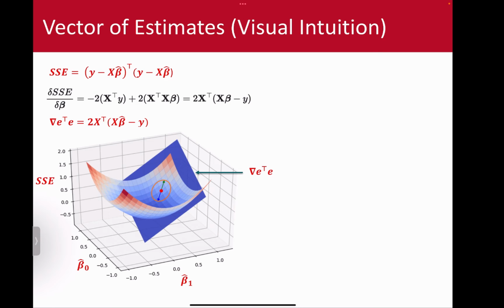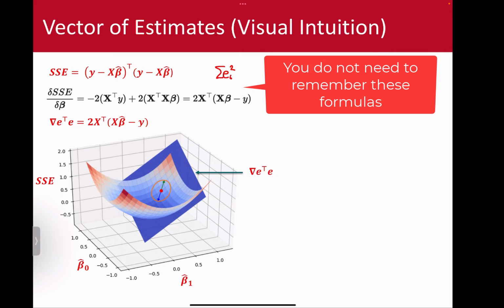Another intuition for that is to think about it this way. SSE is the sum of squared errors, because it is a squared value. Like I mentioned, the sum of the residuals squared is a convex function. It looks parabola shaped.